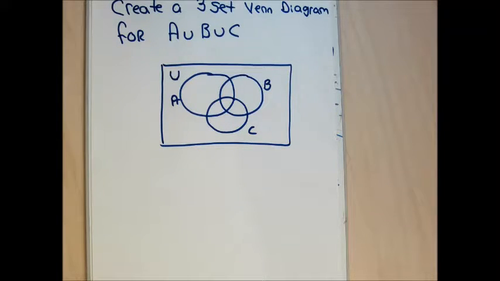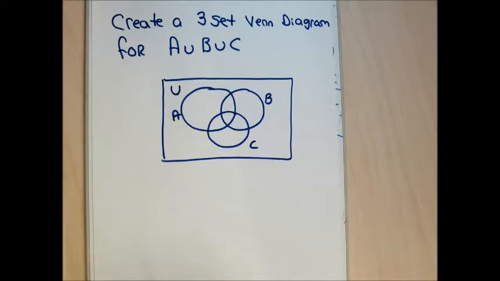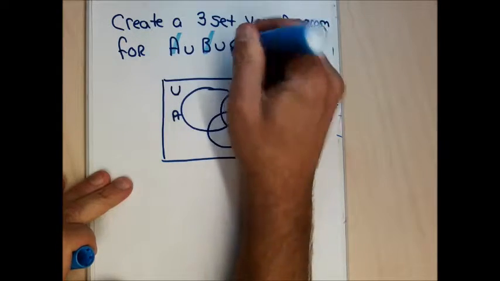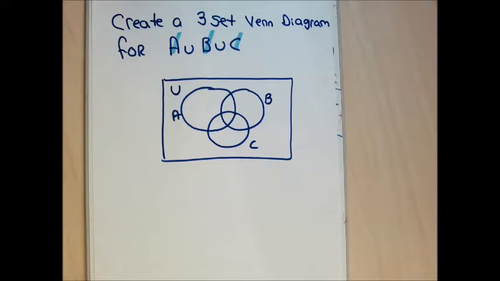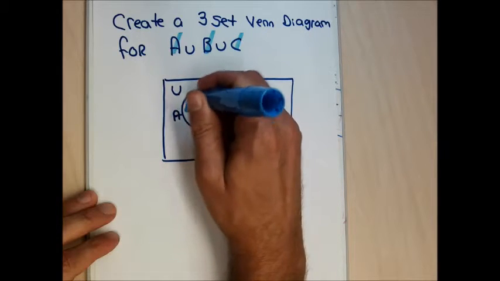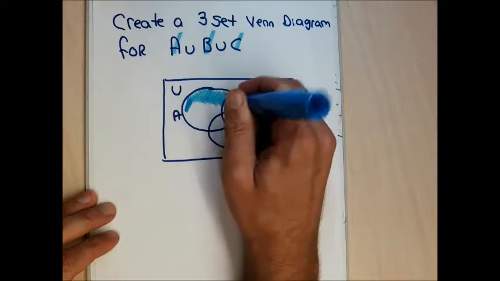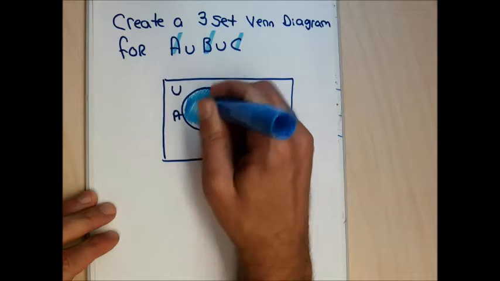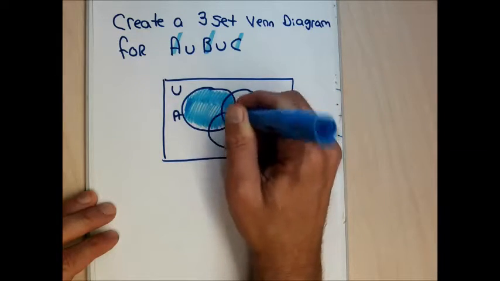If you picked up another text, teachers will make the picture look different, but there isn't any reason it needs to look different. So let me do A union B union C. Because there are only unions, I can do this all with one color and one graph. To do the A part of this, I shade everything inside the A circle. So that's the A part of A union B union C.